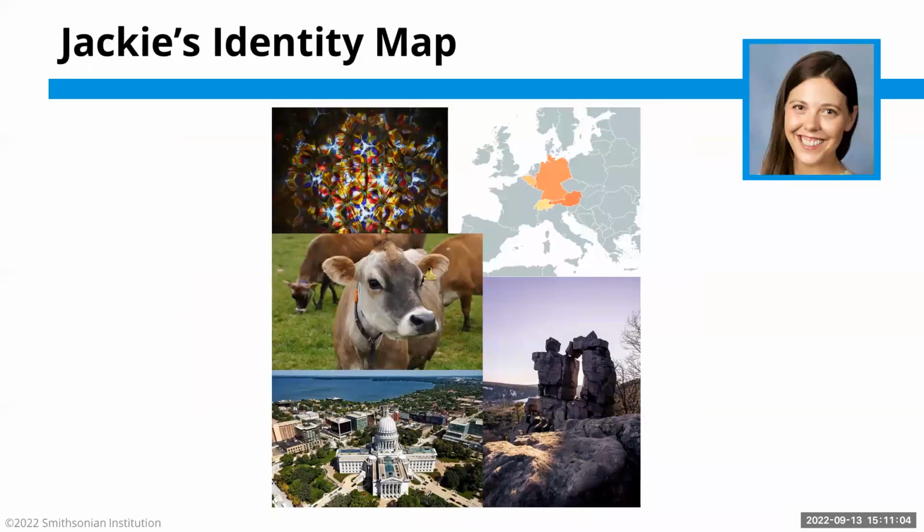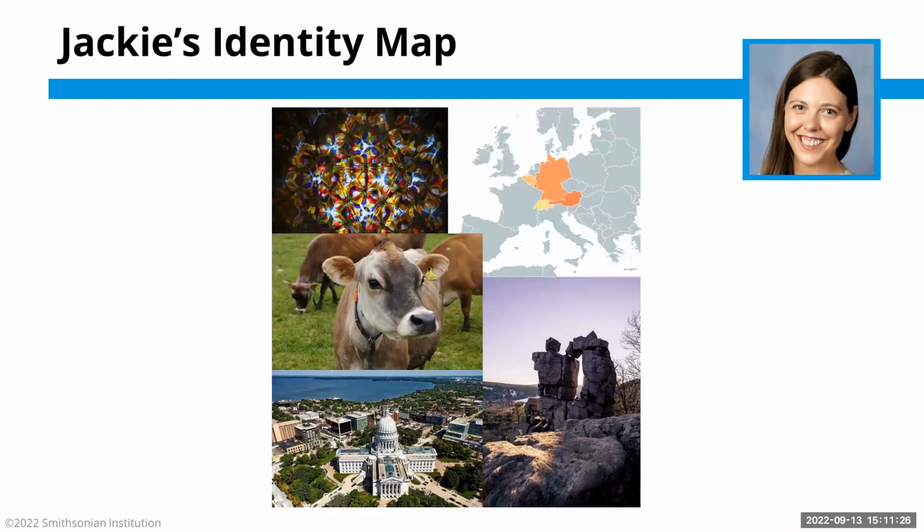Here you can see my identity map. It is a little bit different from Alexa's. I did my identity map like a digital collage. You might be able to do this online, or you could do it with a bunch of old magazines and cutting things out and putting them together on a piece of paper.